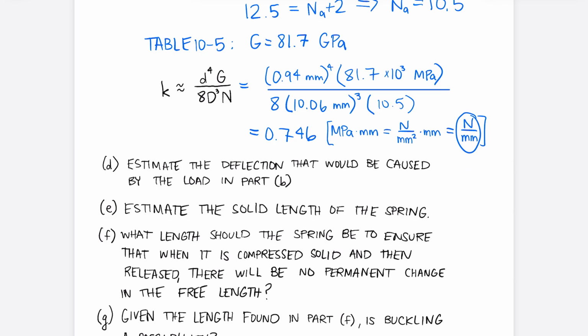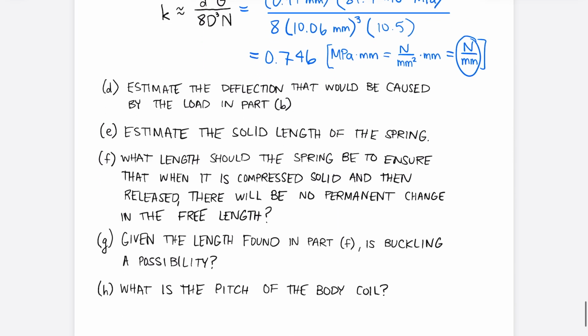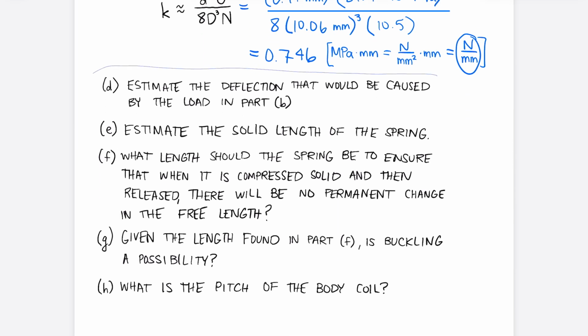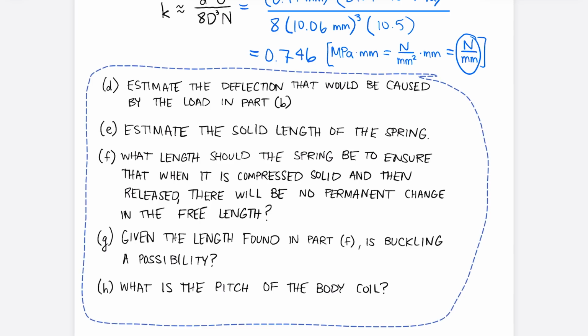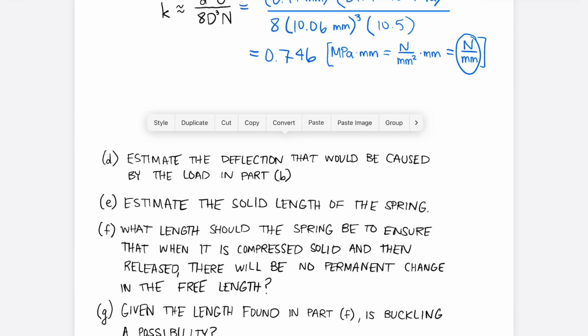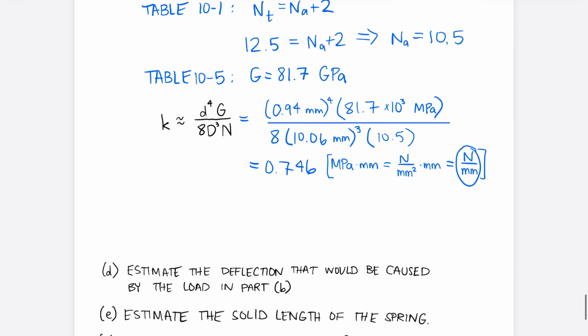So having a force divided by a distance for our units is the way that this constant makes the most sense. So let me just rewrite it in the units that we like: 0.746 newtons per millimeter.